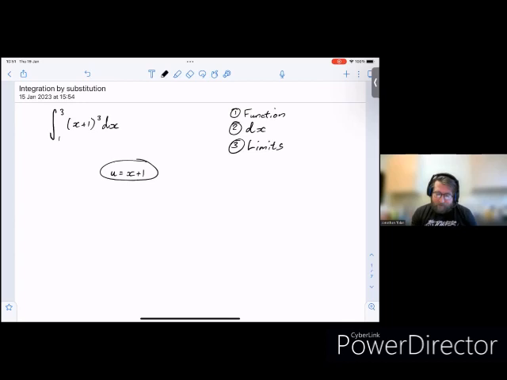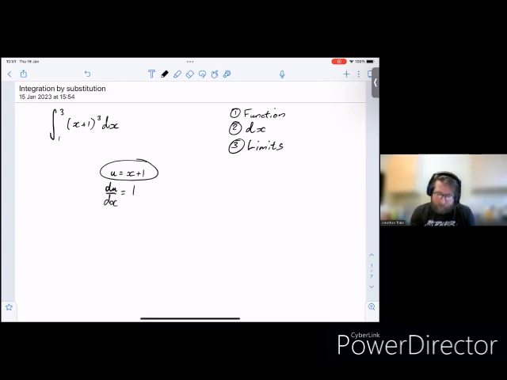Now, in order to find dx, we need to get a dx from our expression u equals x plus 1. And here again is another situation where dy by dx acts like a fraction. So if we differentiate this, we get du by dx because we're differentiating u with respect to x, and it becomes 1.